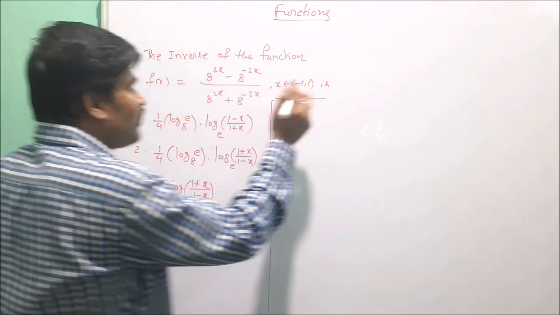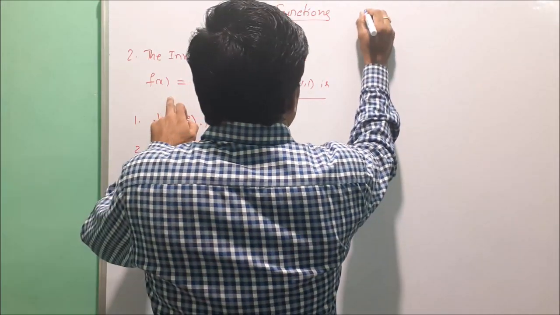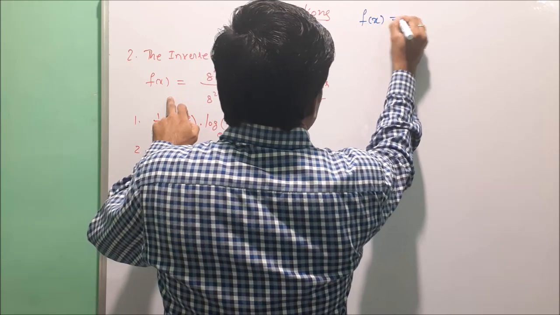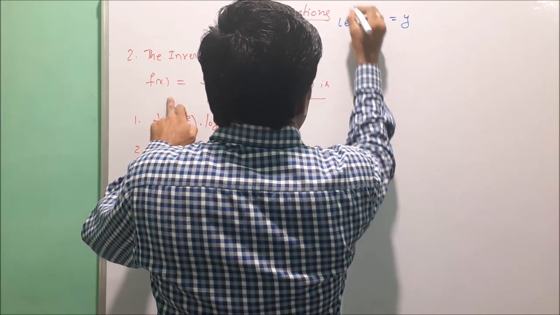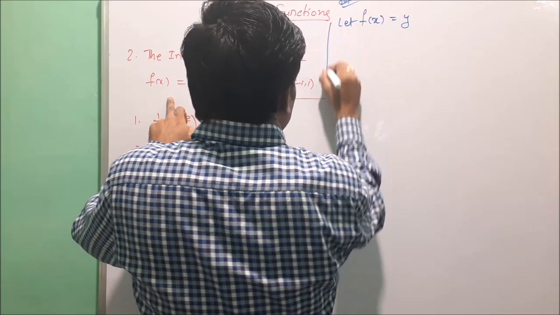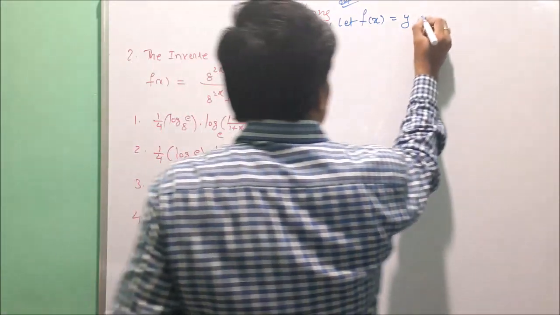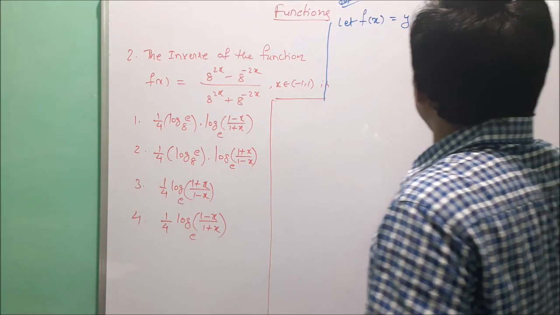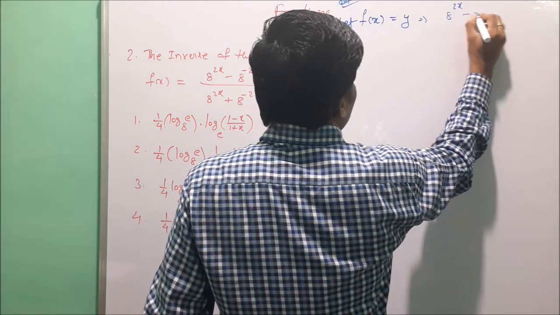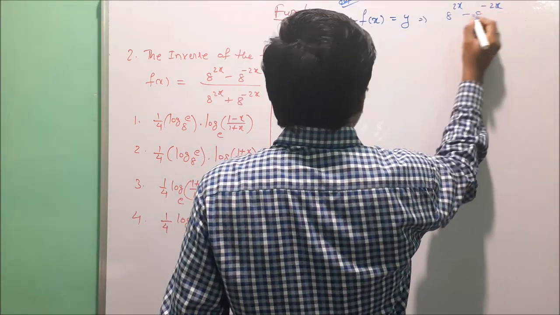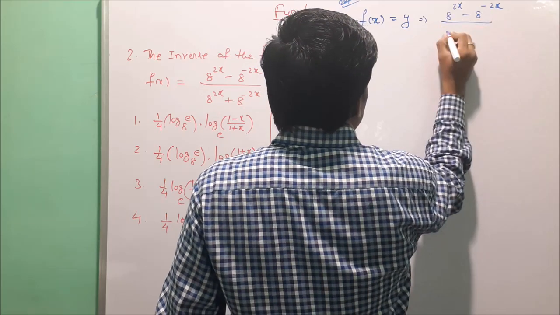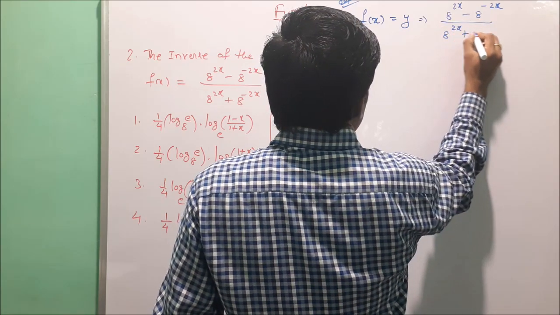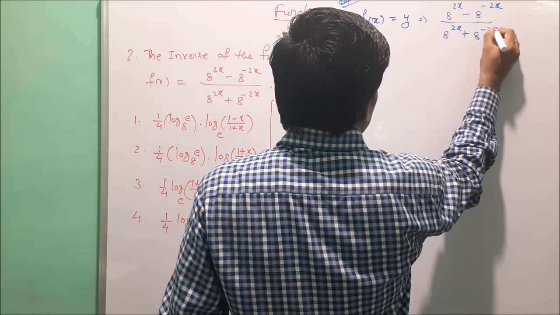Now here first of all we take f of x equals to y. Let f of x equals to y, which implies 8 power 2x minus 8 power minus 2x by 8 power 2x plus 8 power minus 2x.